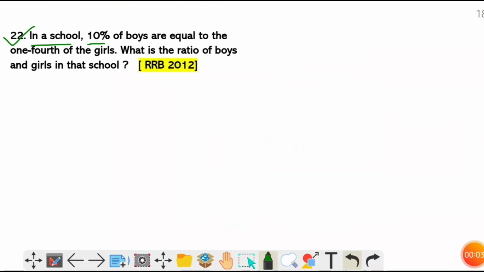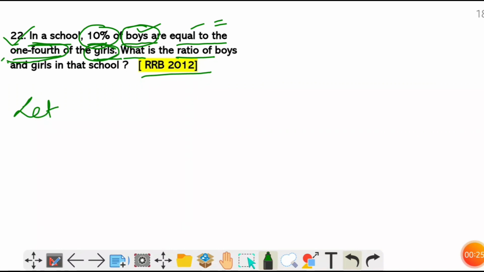Next, in a school, 10% of boys are equal to 1/4 of the girls. What is the ratio of boys and girls in that school? This question was asked in RRB 2012. In the first sentence, it is given that 10% of boys are equal to 1/4 of the girls. So we have to make one equation using this sentence, and then we'll find the ratio.